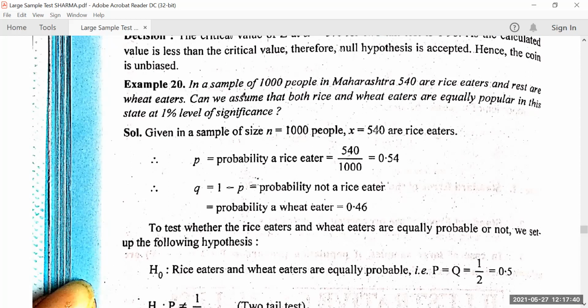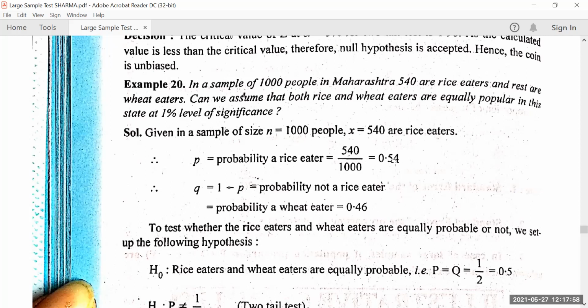Let X be the number of rice eaters, which is equal to 540. Then p, the probability of a rice eater, is the probability of sample success.